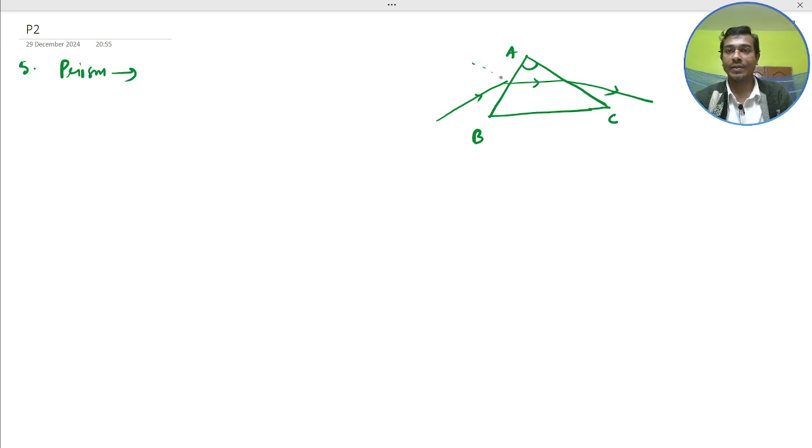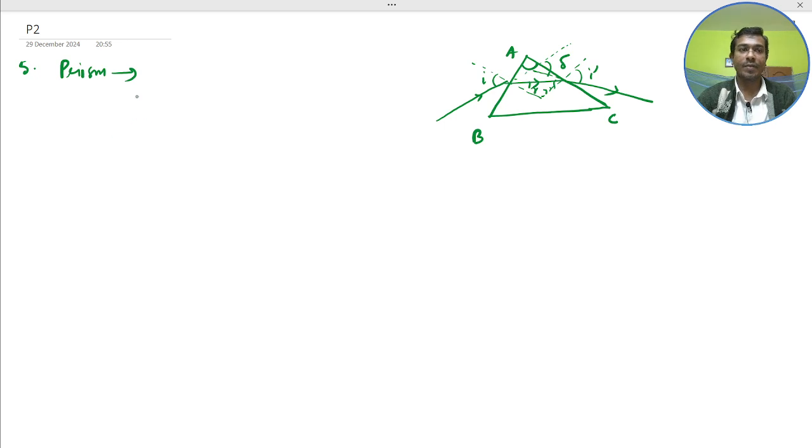Here it is refracted, and this would be the delta. This is the i, i dash, r and r dash.